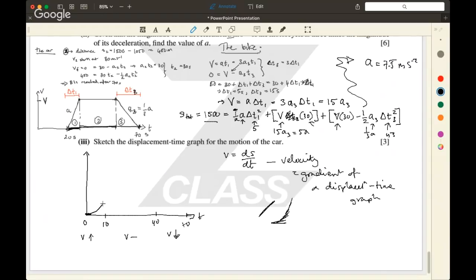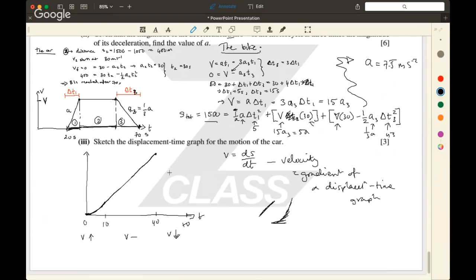So the curve goes like so. I think I've been over enthusiastic with this curve because I'm not going to be able to fit it on, but it's a curve. Then the velocity is constant, so that means the curve is just a straight line.